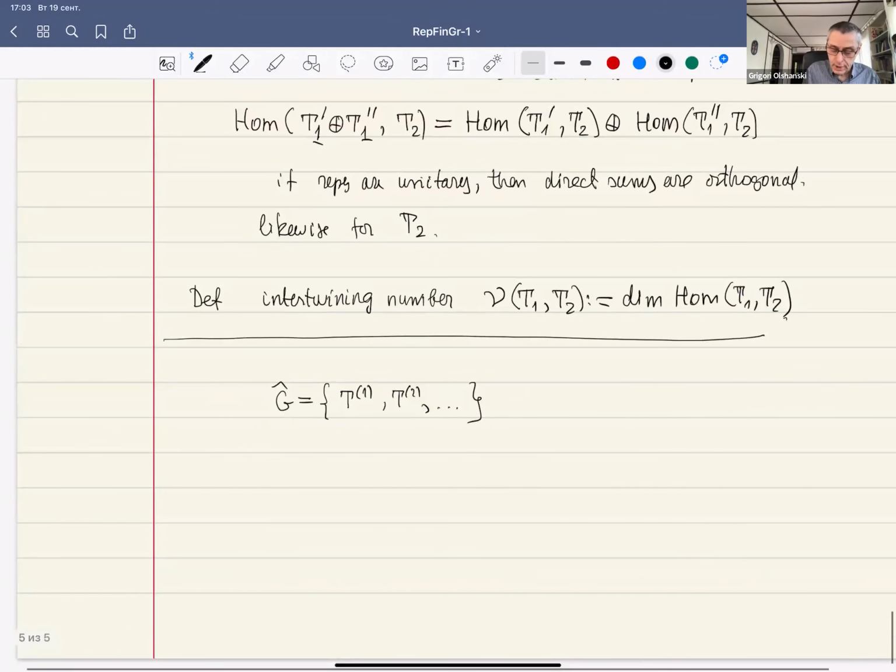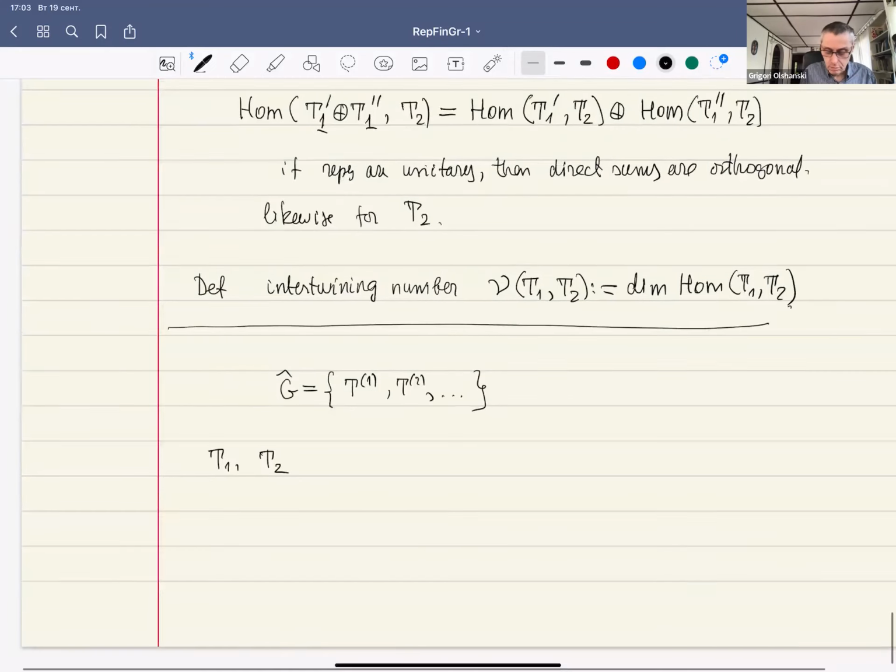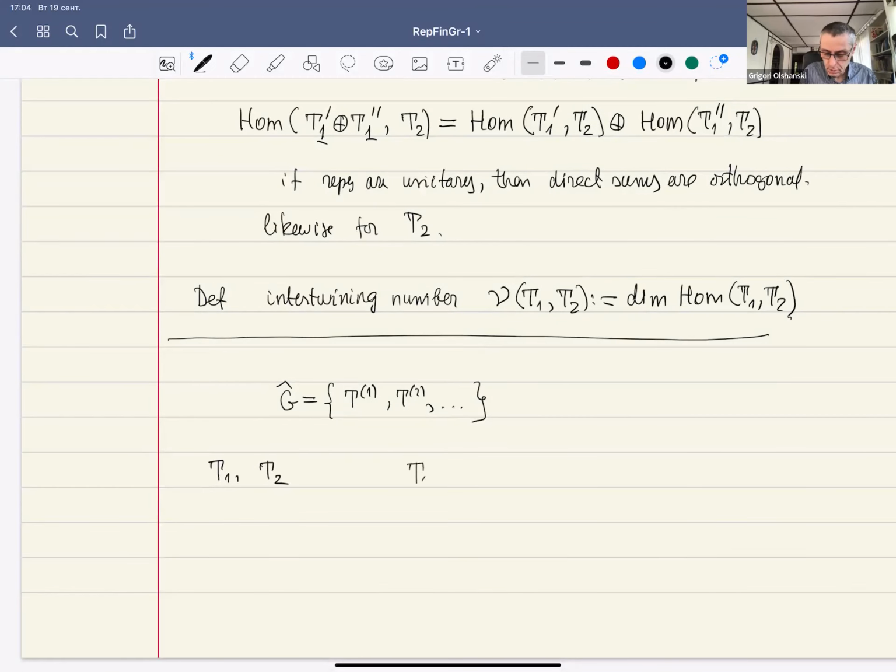And assume we have two representations, T1 and T2. I already proved that any representation can be decomposed into irreducible ones. So we can write T1 as a direct sum of irreducible representations. Some of them can be equivalent or some are not equivalent. Okay, not equivalent. So write this as follows.